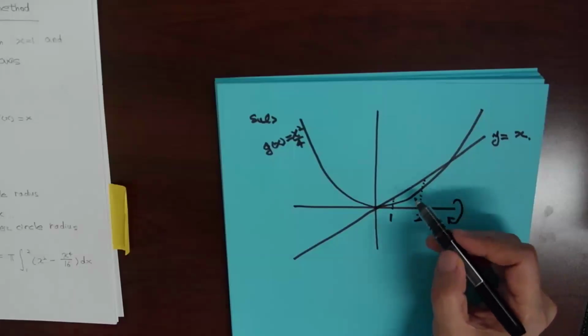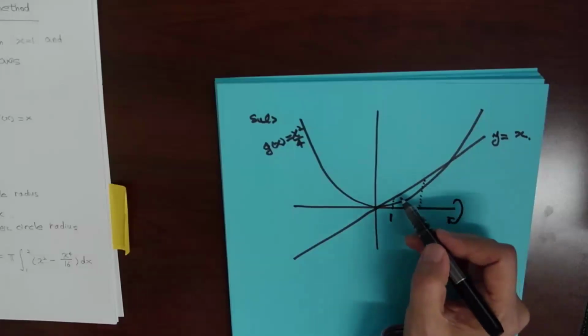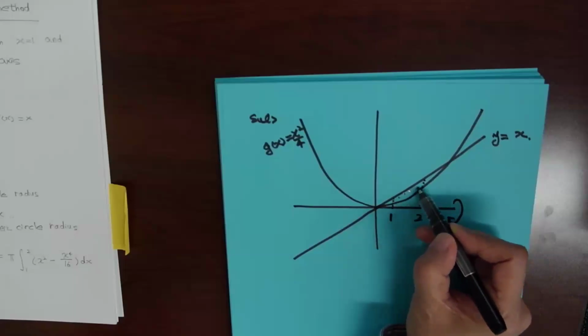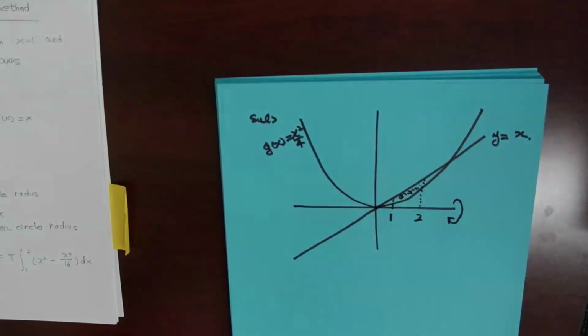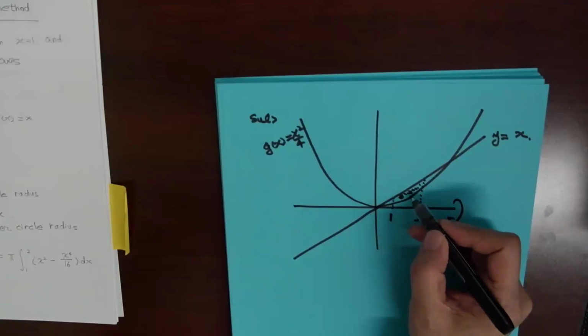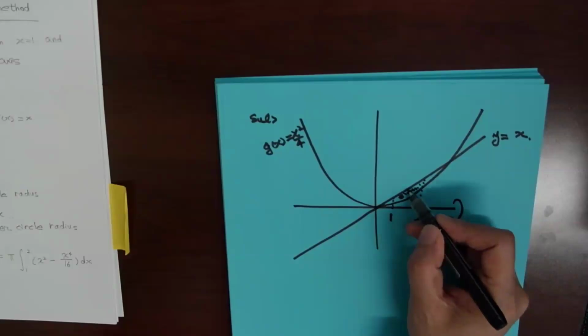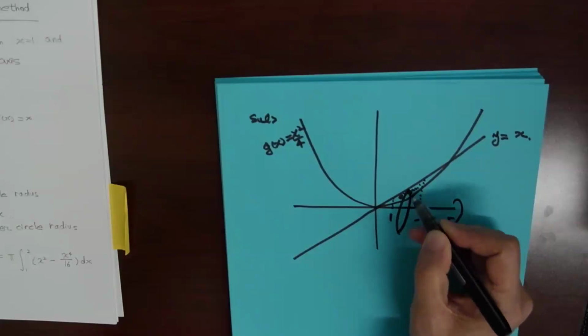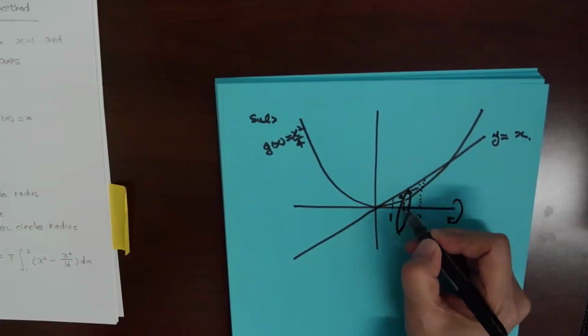But this time the difference is that we are thinking about this dotted region. We rotate around the x-axis and then two curves are involved. So what happens? We have a larger circle from this one, and a smaller circle here.